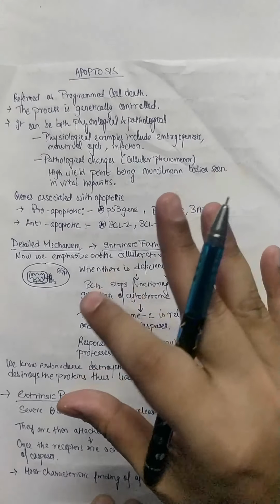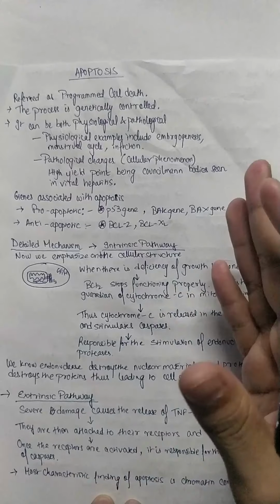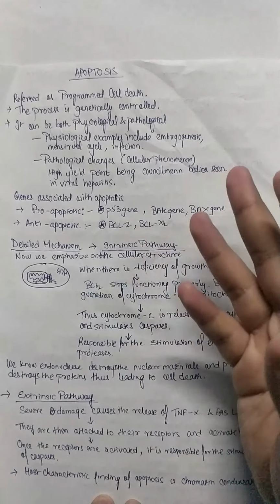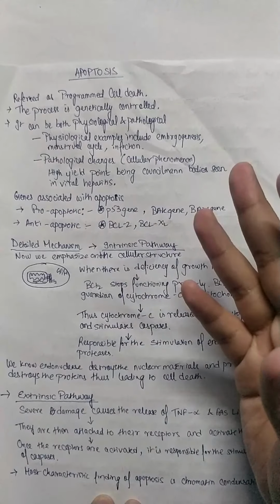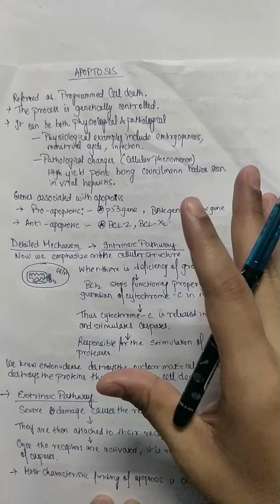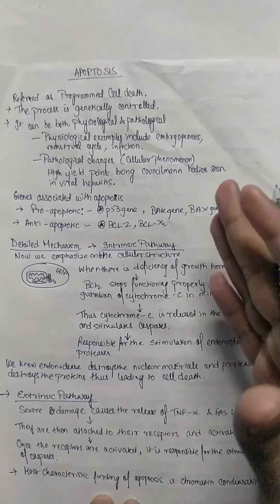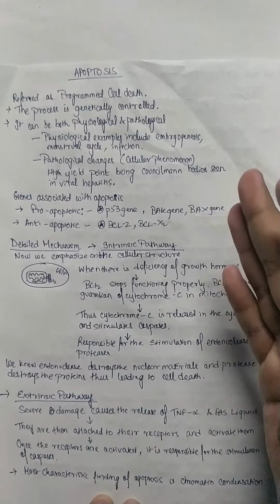Physiological examples include embryogenesis or the menstrual cycle, whereas for pathological changes, which are cellular phenomena, a high yield point is Councilman bodies seen in viral hepatitis.